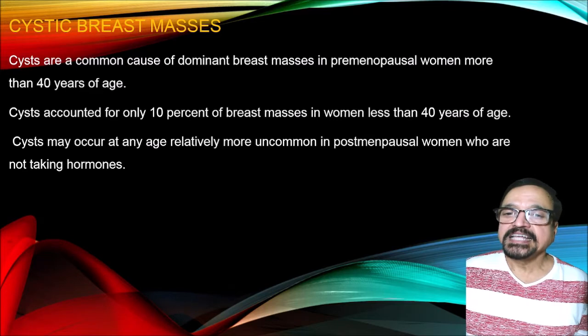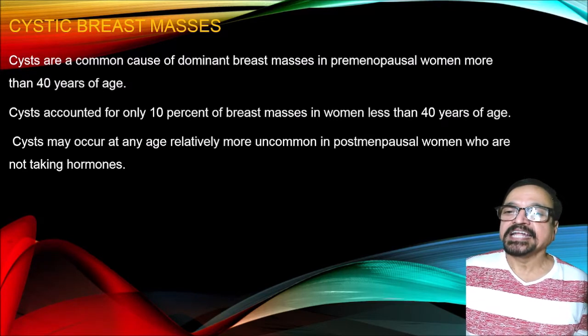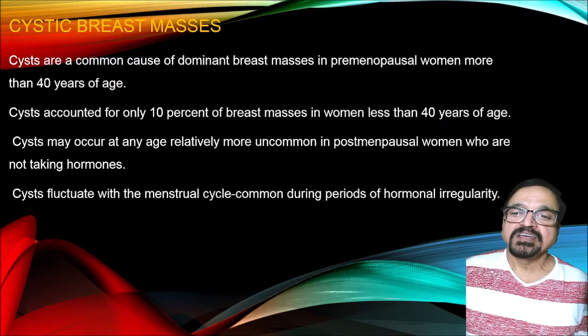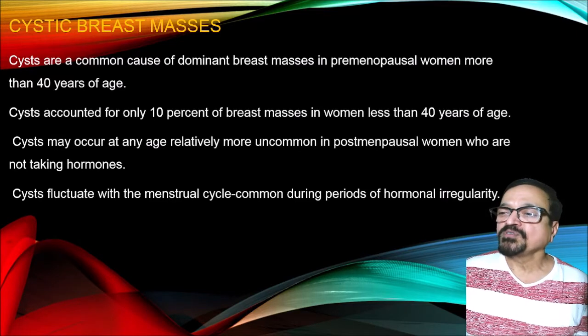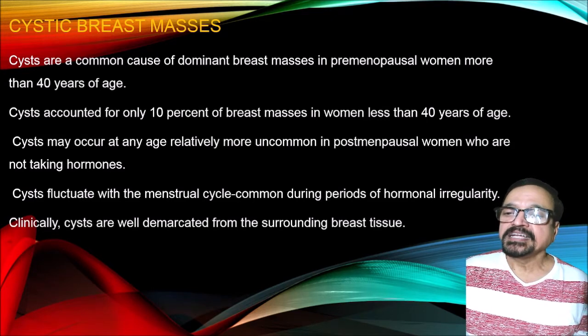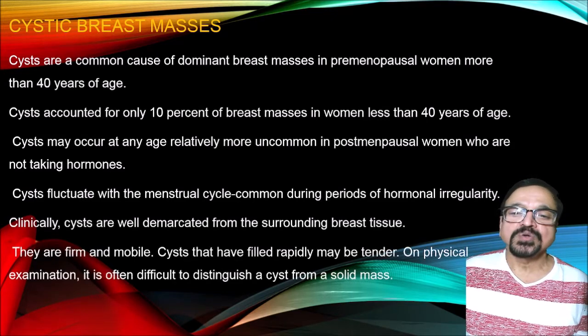Then cyst may occur at any age, relatively more common in postmenopausal women who are not taking hormones. Cysts fluctuate with the menstrual cycle, common during the periods of hormonal irregularity, and clinically cysts are well demarcated from the surrounding tissues. They are firm and mobile.